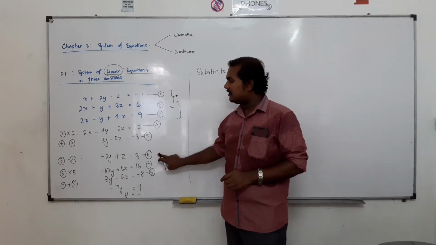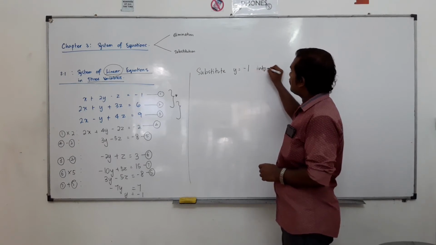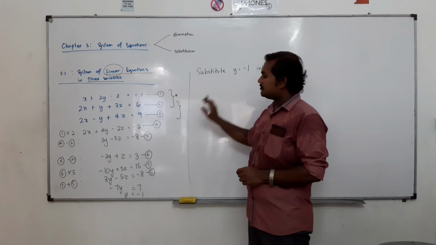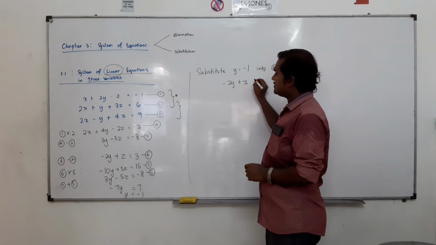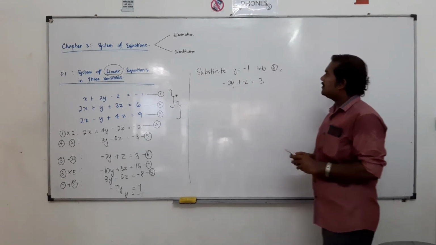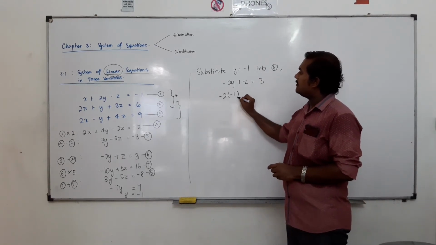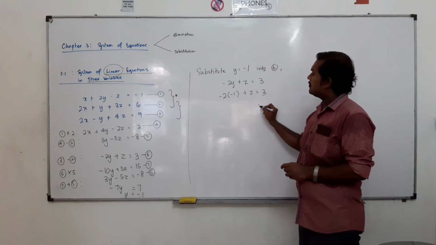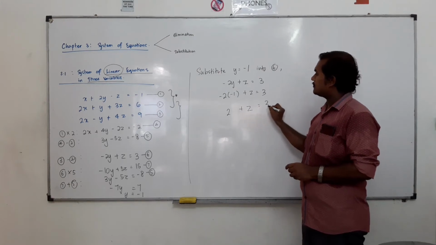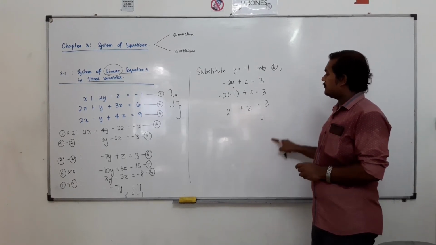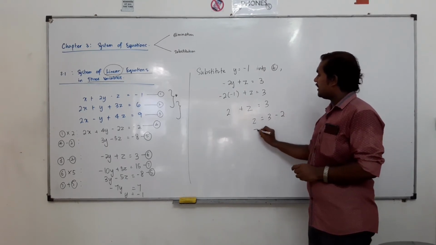Let's say I select equation number 6, negative 2y plus z equals 3. I substitute y as negative 1. Negative 2 multiplied by negative 1 will be positive 2. Positive 2 shifted to the other side will be minus 2, and your z will be 1.